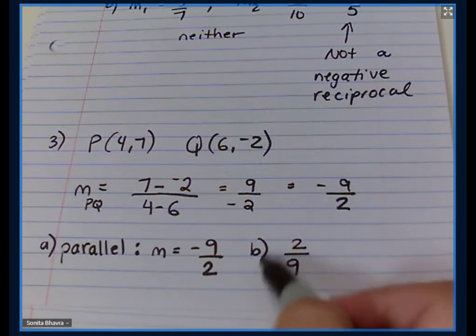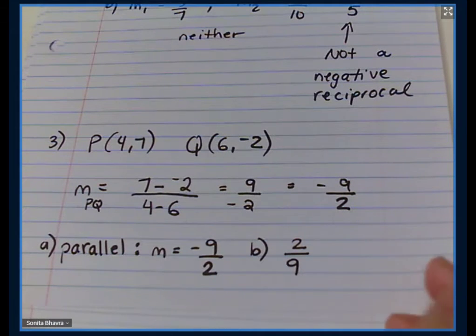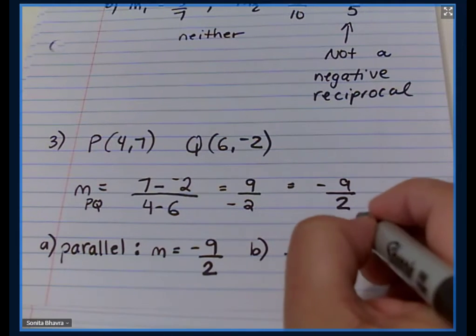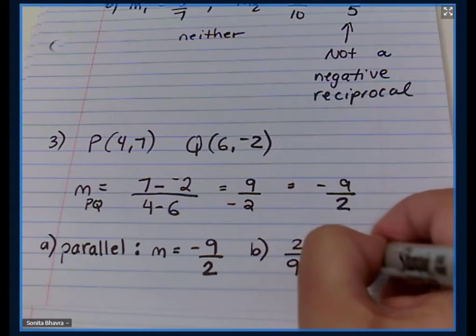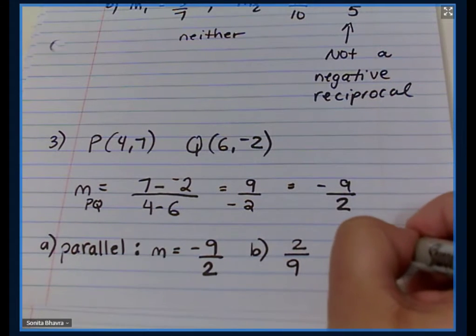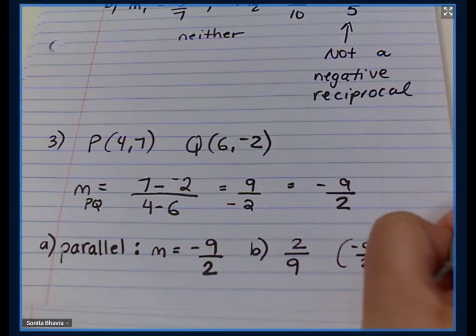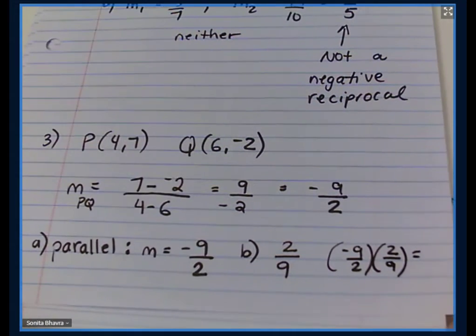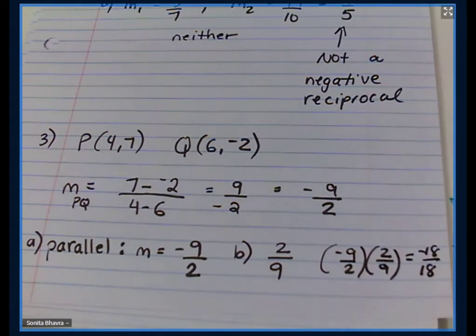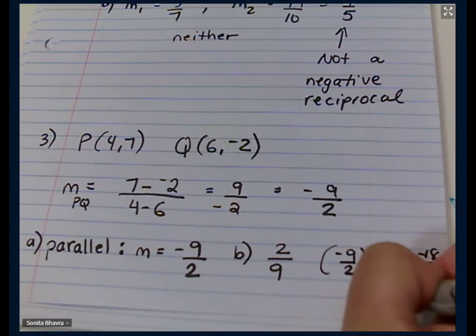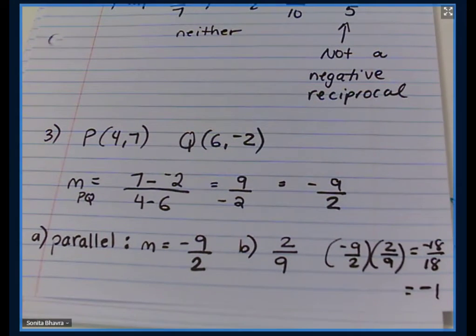It's already negative, so the negative reciprocal here would be positive. To do a check, you can multiply negative 9 over 2 times 2 over 9, and it has to equal negative 1. So negative 18 over 18 gives me -1. So that's correct.